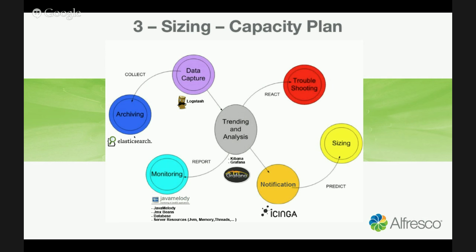That allows us to extrapolate and predict what would be necessary to cope with future loads, including all the variables. So capacity planning is a really nice tool to help with sizing for future usages of the system.